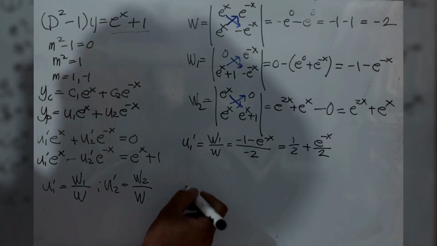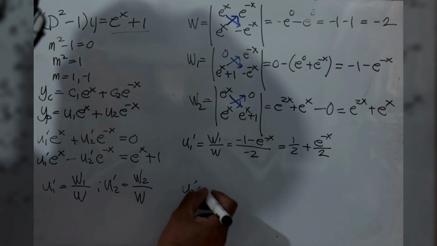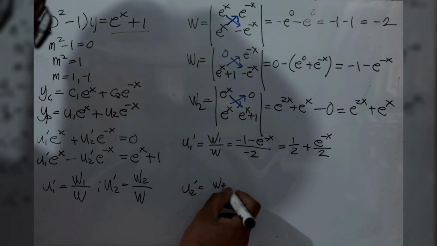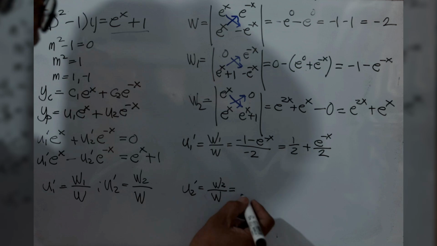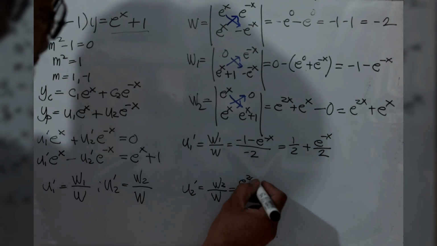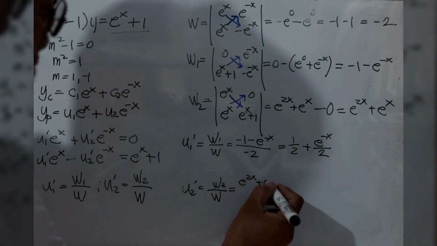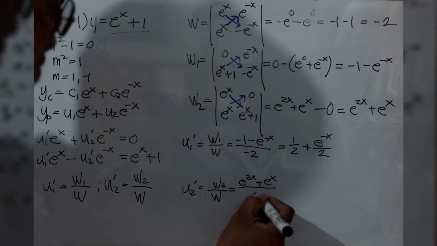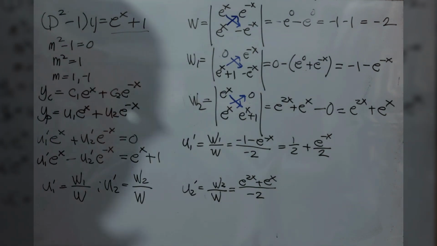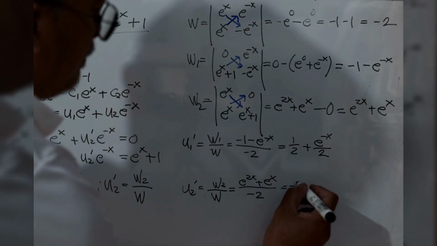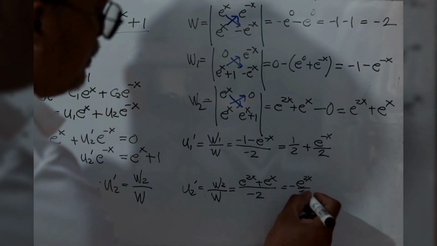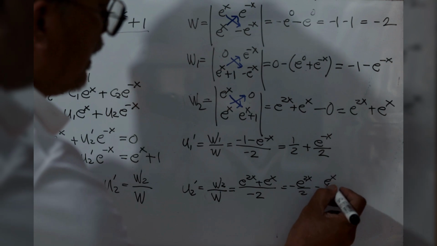And our u sub 2 prime is w sub 2 over w. That's e to the 2x plus e to the x over negative 2. It's just negative e to the 2x over 2 minus e to the x over 2.